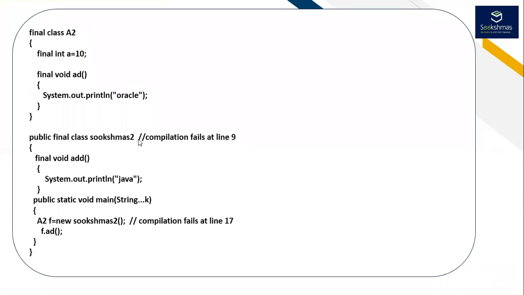Not written extends. But we are calling f dot add, we can't, it's in the A2 class. Mean to say that you will get the error here in this line. Oracle will be printed, I think, sir. No, sir.